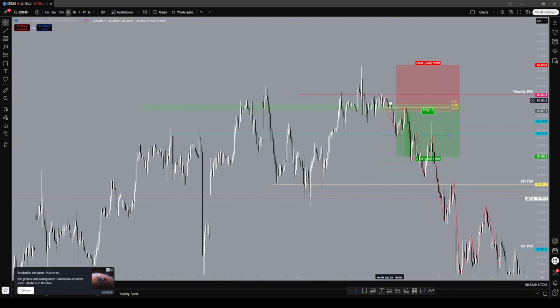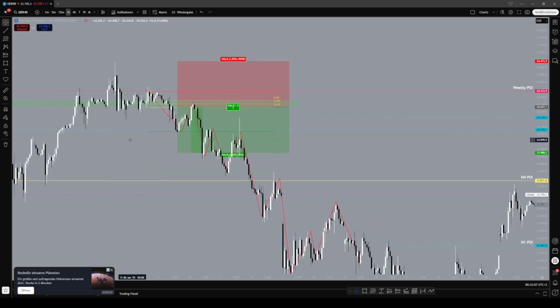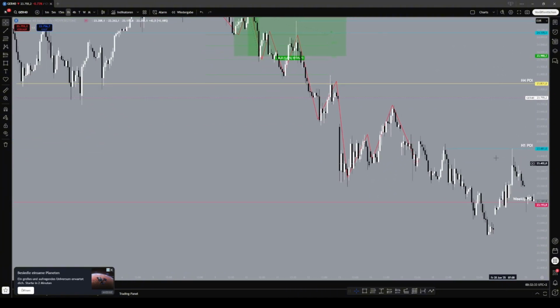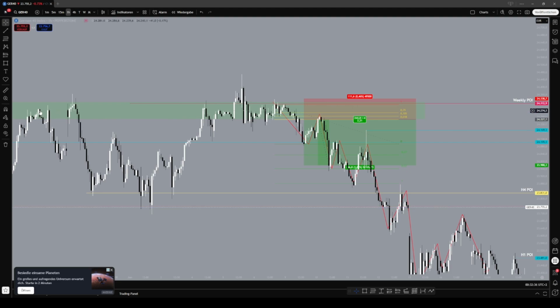And if you have something like this combo of an old support resistance area and then also a Fibonacci retracement within this area, where you could have entered a short position, it's more likely to work than on other points on here, because you have a strong old support and resistance zone and then the 0.618 retracement to enter short.